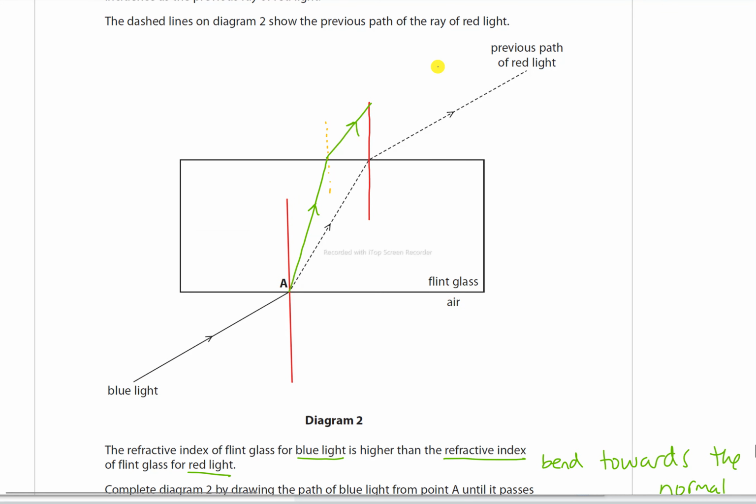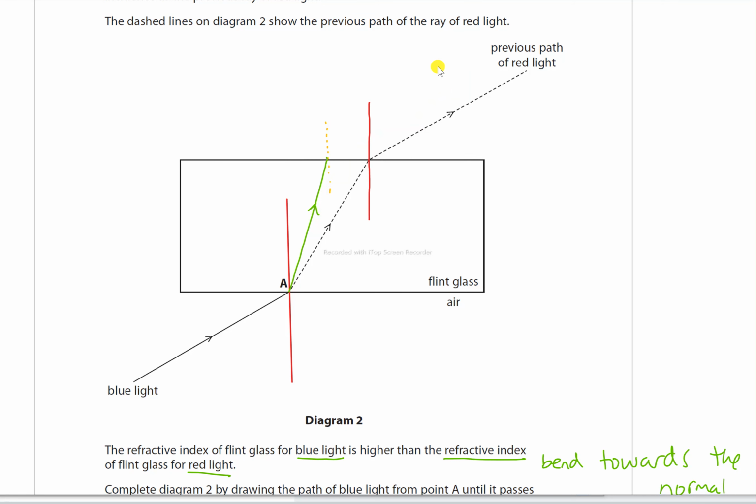Right, I've got to be a bit more accurate with this. It has to be parallel to the red light. So this is the blue light. Do you know, I should have done it in blue.